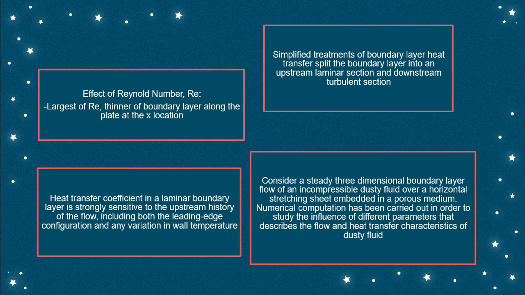Heat transfer coefficient in a laminar boundary layer is strongly sensitive to the upstream history of the flow, including both the leading edge configuration and any variation in wall temperature.